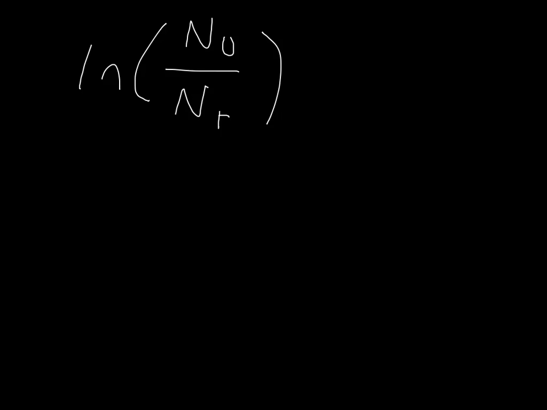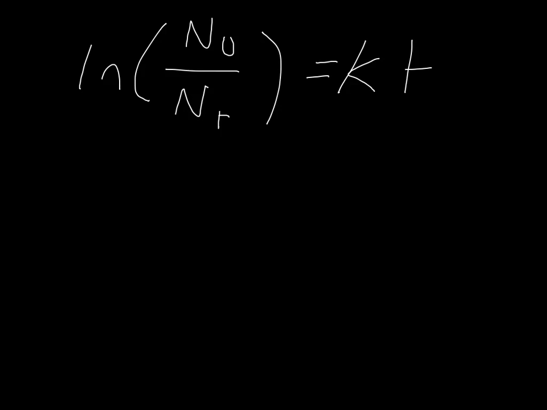So with some calculus, you will integrate. Your teacher will probably make sure you know how to do this, but the integration part is not that important. The result is, with some integration, you get ln of N0 over N at a certain time equals this little constant k again times the time.